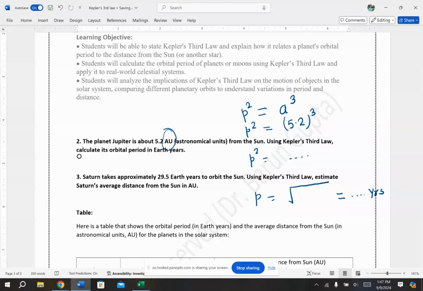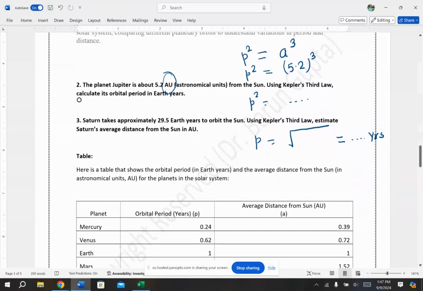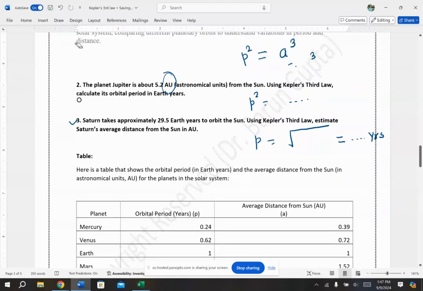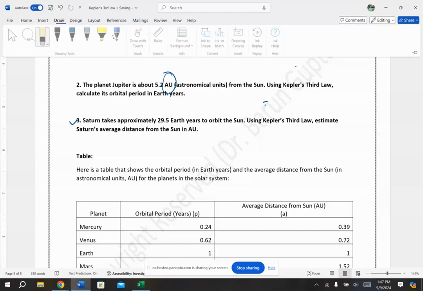And the same way for problem number 3, I'm going to delete this one now, and I'm doing problem number 3. What it tells you is the Saturn tour takes approximately 29.5 years.